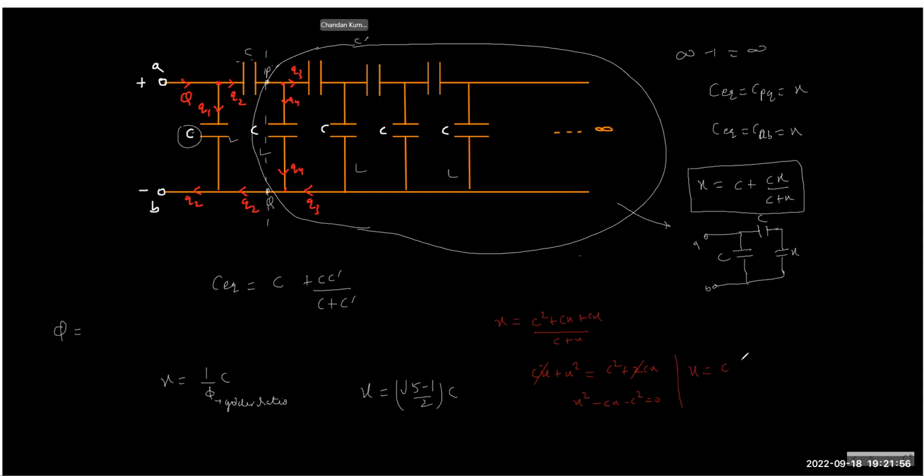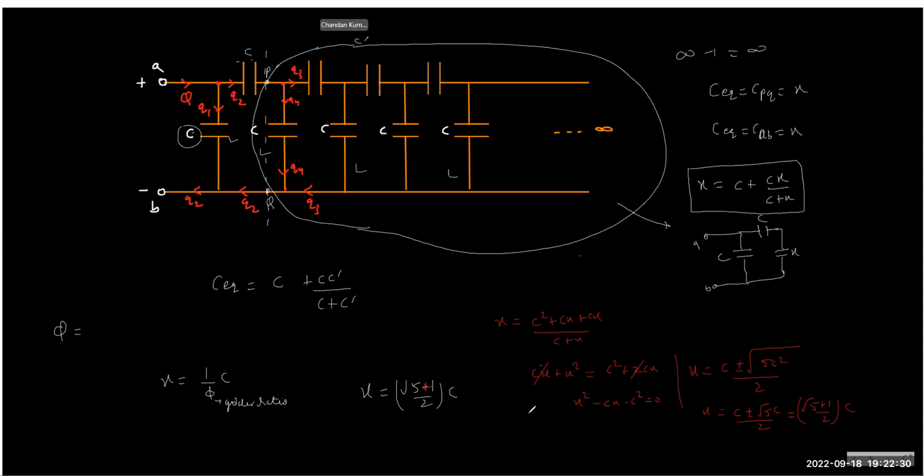X is minus b plus minus root of b square minus 4ac, so we are getting C plus minus root 5 C. So minus b cannot be taken, so the answer must be plus, right? Yes, sir. Make it plus. So the answer will be plus actually.